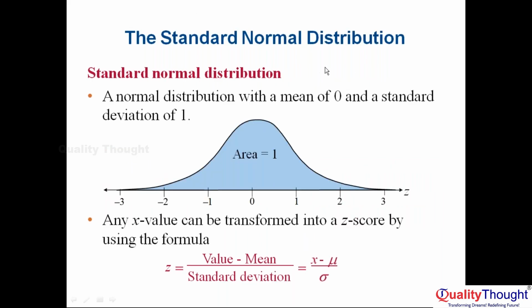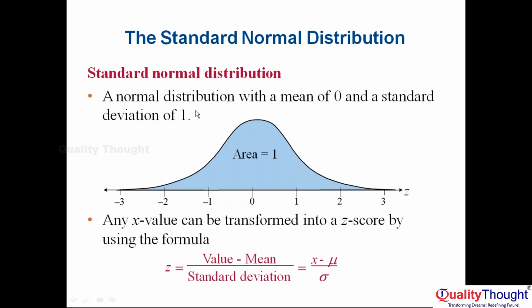The standard normal distribution. So far we have discussed the normal distribution. Today I'm introducing something called the standard normal distribution. How exactly is it different from the normal distribution?